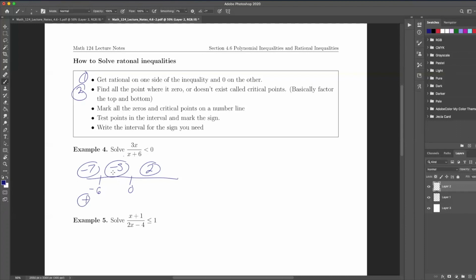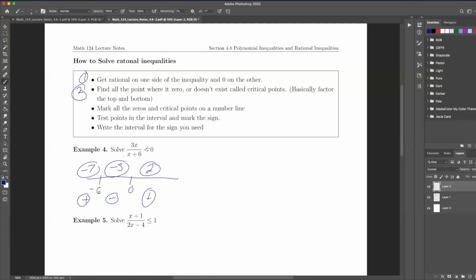If I type in -5, the bottom is positive because -5 plus 6 is 1, but the top is negative, so a negative over a positive is negative. And if I type in 2, the top is positive and the bottom is positive, so this is positive.